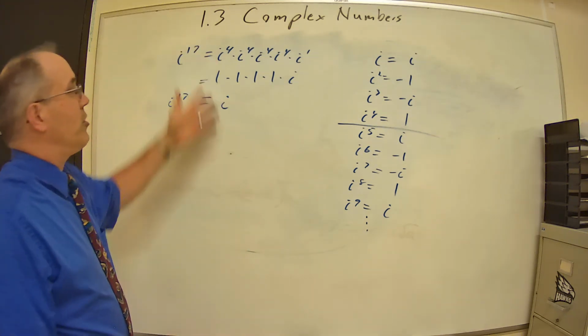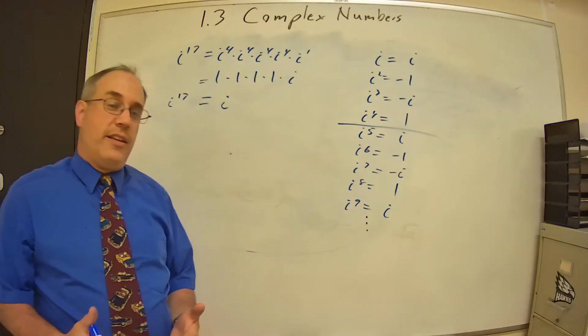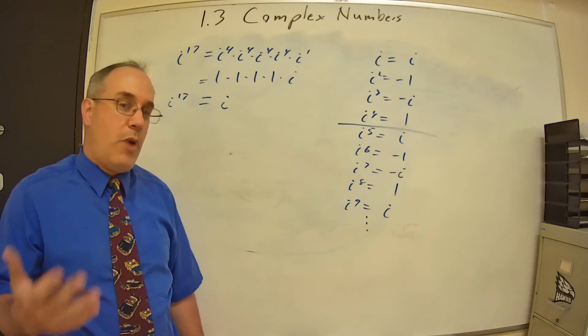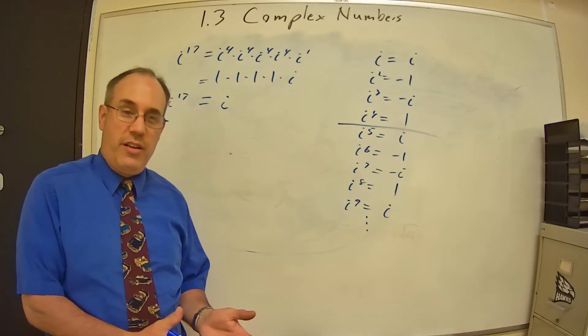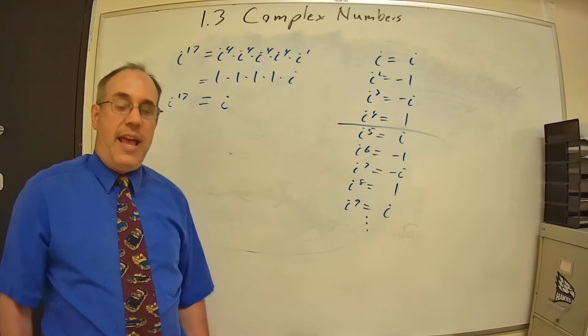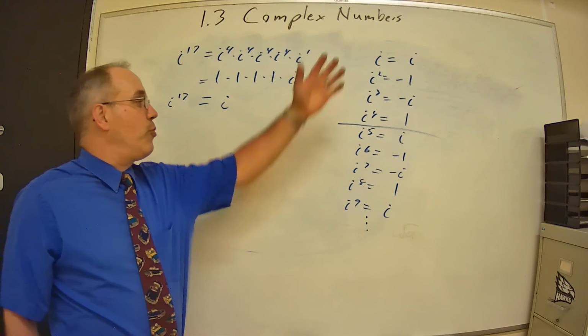So that's pretty cool. That means no matter what I've got, I can divide by 4, sometimes referred to as modulus, and then just use the remainder to determine what I'm going to be at.